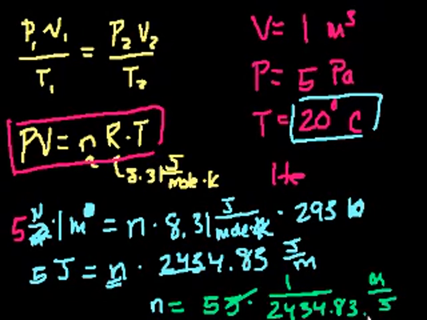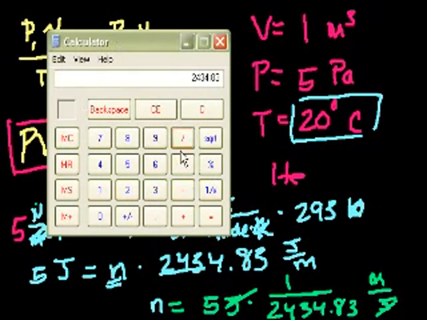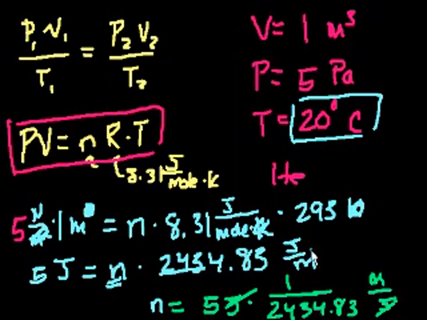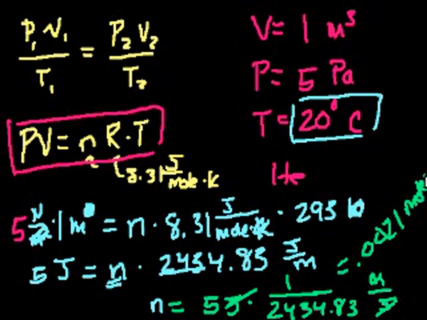And then, of course, this joule cancels out with this joule, so we just have to divide 5 by this, and we'll get the number of moles. So let's take the inverse of what I had there, times 5. So I get 0.0021 moles. Now that might seem like a small number to you, but let's figure out how many molecules that is.